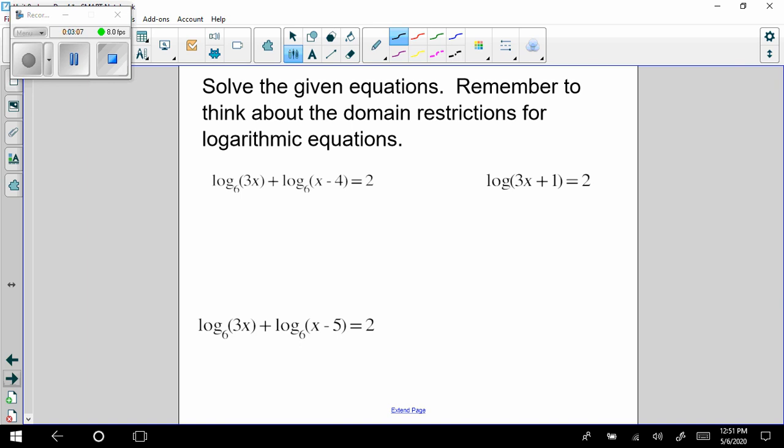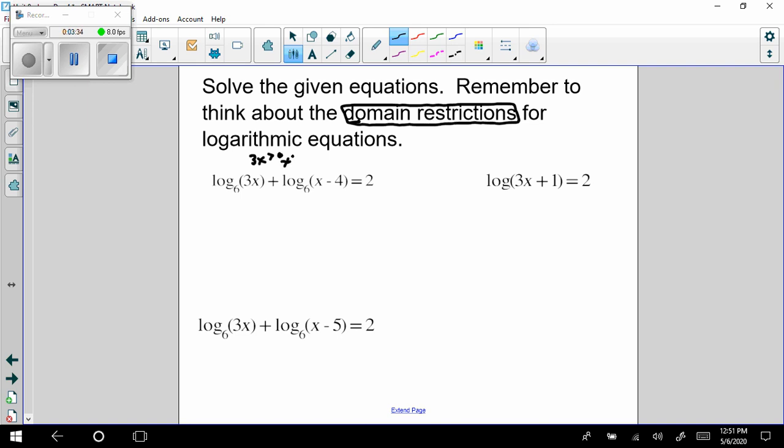All right, so a few things on this one. Okay, so remember that you have to think about domain restrictions when you're solving a log. So first thing you do is I say 3x has to be greater than 0.